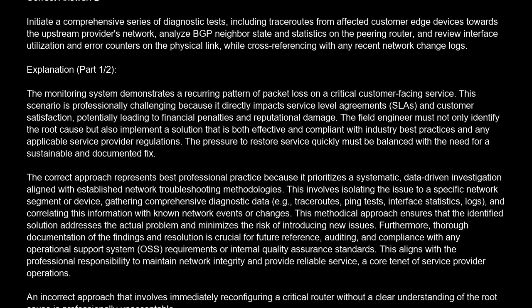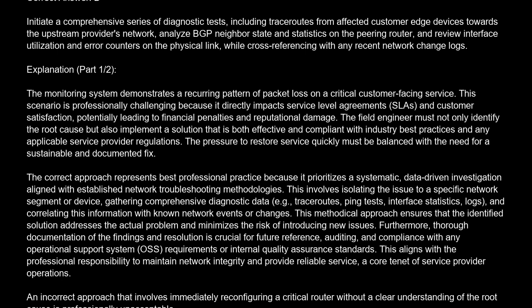The correct answer is D. Initiate a comprehensive series of diagnostic tests, including traceroutes from affected customer edge devices towards the upstream provider's network, analyze BGP neighbor state and statistics on the peering router, and review interface utilization and error counters on the physical link, while cross-referencing with any recent network change logs.